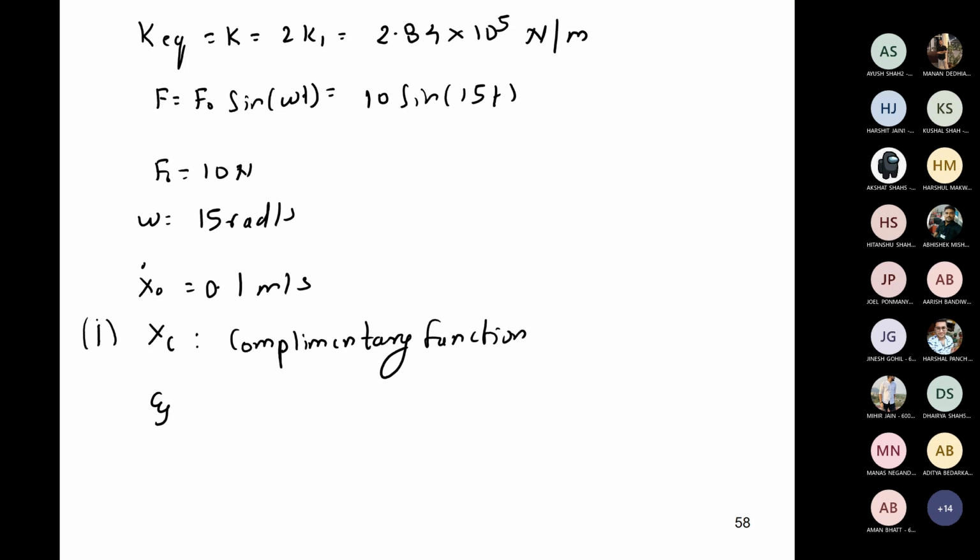So zeta is equal to C divided by Cc, that is equal to C divided by 2m omega n. So find out zeta. Omega n is equal to square root of k by m. Find out omega n.